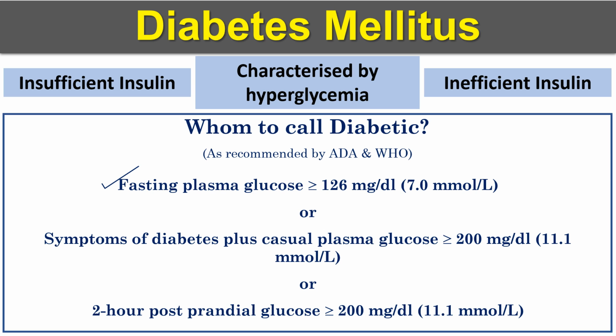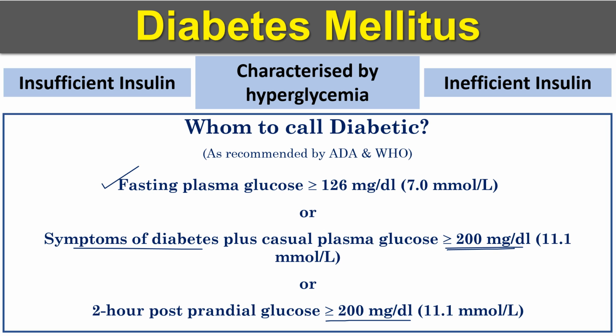If a person has diabetic symptoms plus a random or casual plasma glucose equal to or more than 200 mg per dl, we can call them diabetic. Or 2 hour postprandial, meaning after giving food, after 2 hours you collect a blood sample, and that sample gives you more than 200 mg per dl. If a person falls in any of these categories, we can call them diabetic.